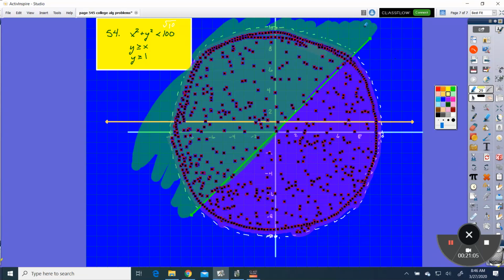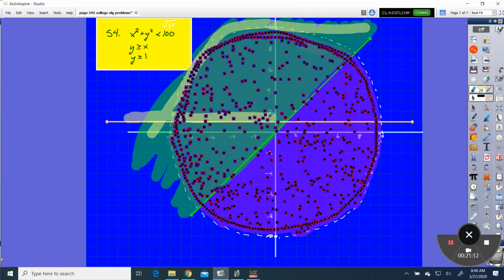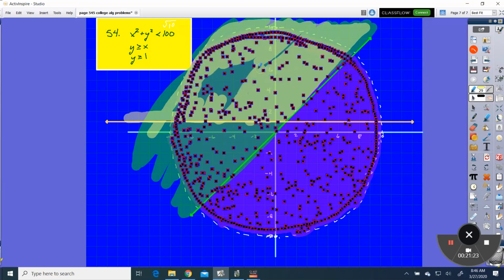So the only, whoa, too far. So now the only place that it's actually shaded by all three of them, so realize that's shaded above the line.